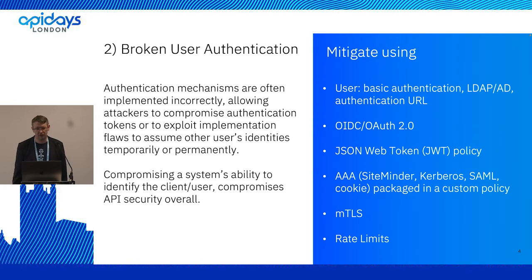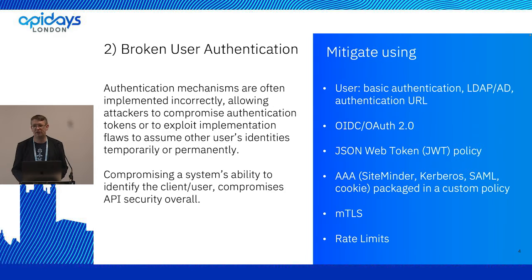So this is where you've got an authentication system, but it's not working correctly, or it's been implemented incorrectly. One of the common areas that they found is where implementers of APIs have decided to create their own authentication system rather than building on standards.